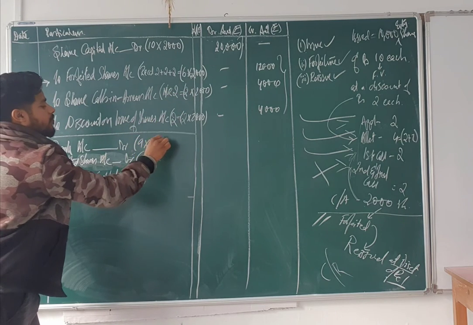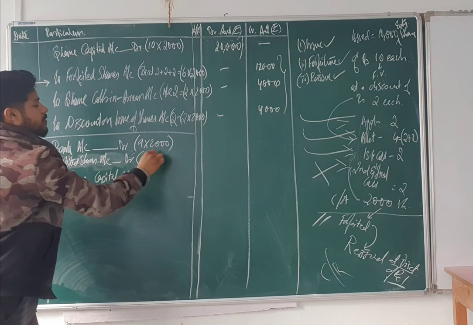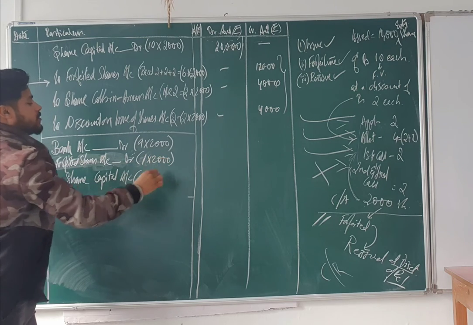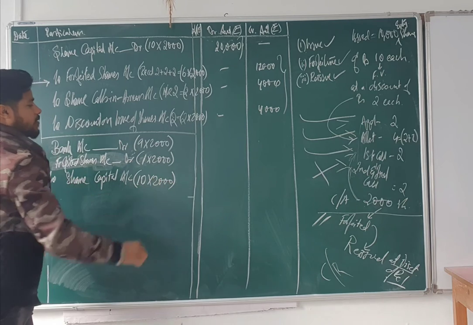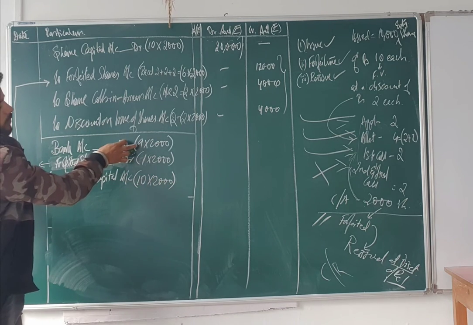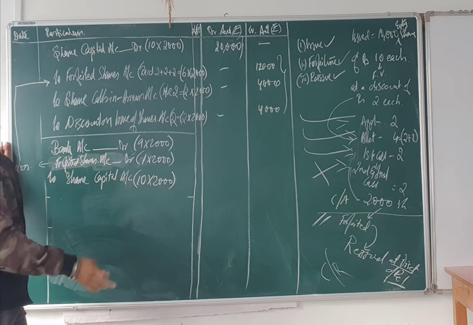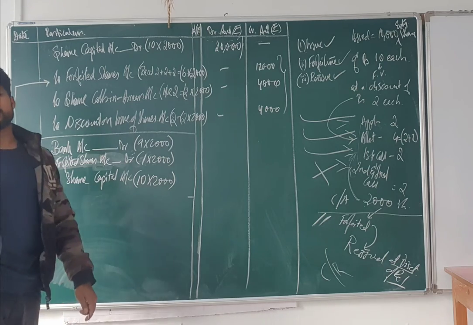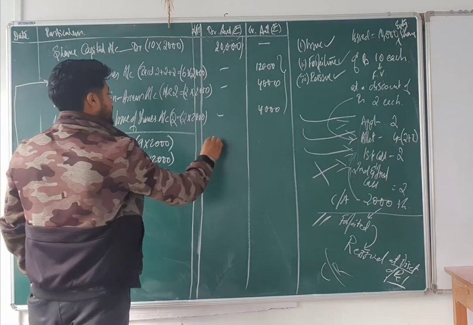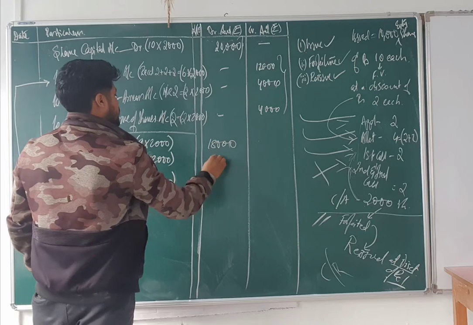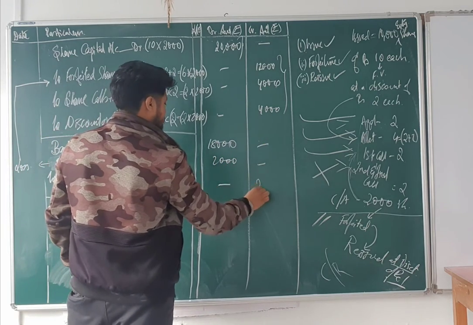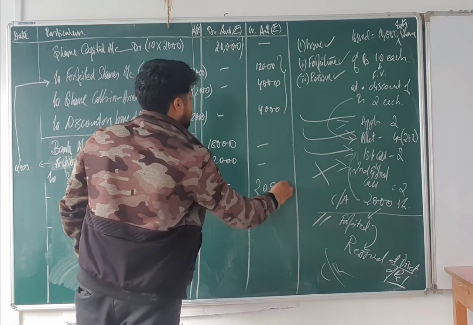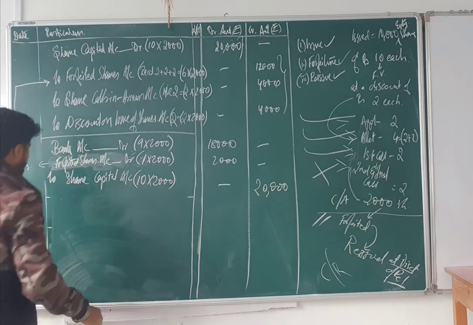That means the same 2,000 forfeited shares. Am I clear with this? Okay, so debit side 9 plus 1 is 10, credit side 10. It tallies, that means the entry is correct. So it will be 80,000, 2,000 and 80,000. We're done with the reissue entry.